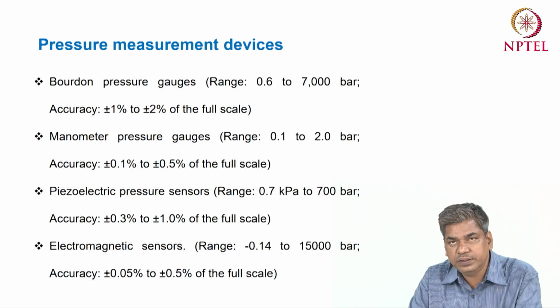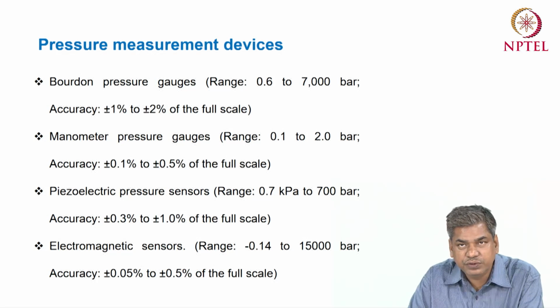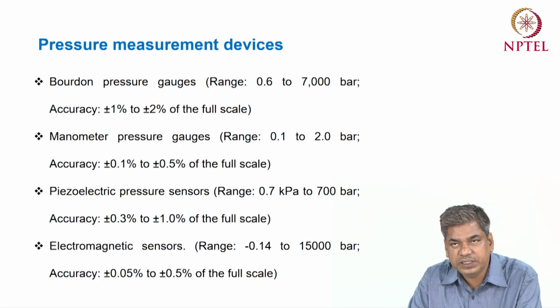For this Bourdon gauge or dial gauge, the pressure measuring range is 0.6 to 700 bar, and accuracy is about 1% to 2% of the full scale. Apart from this, we can use the manometer pressure gauge.